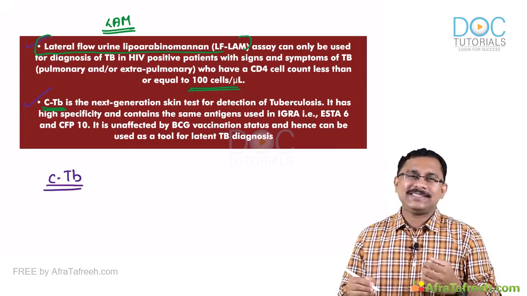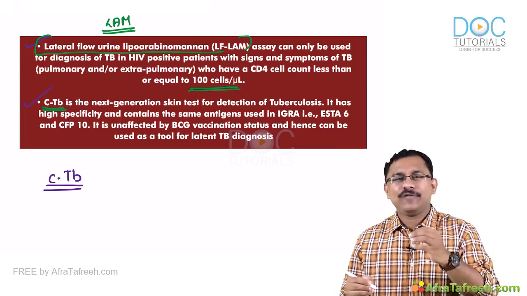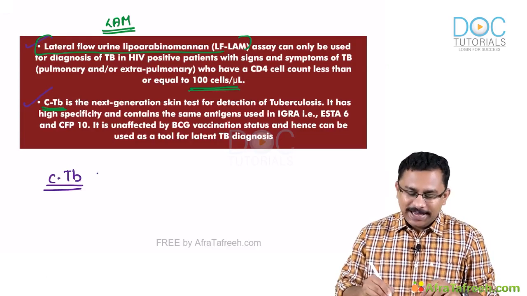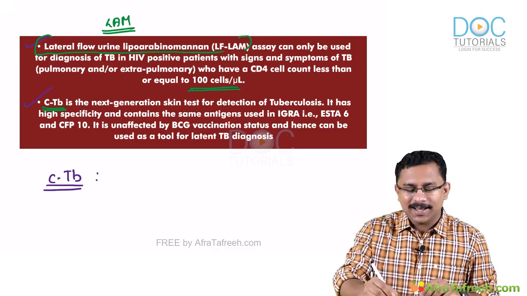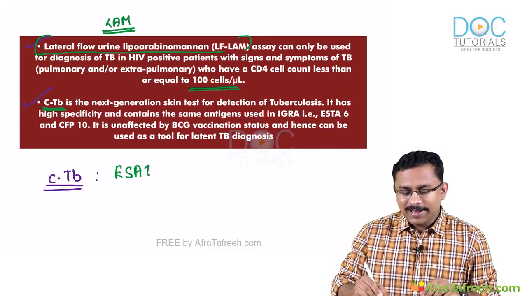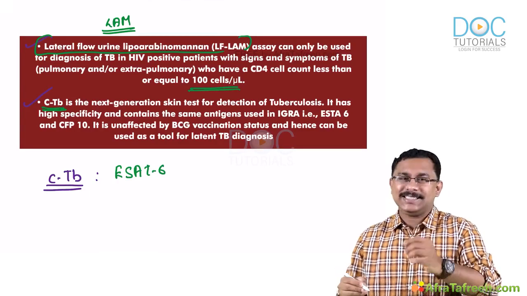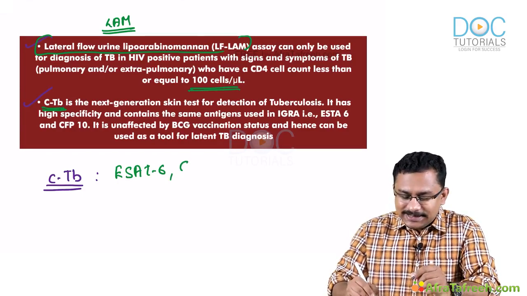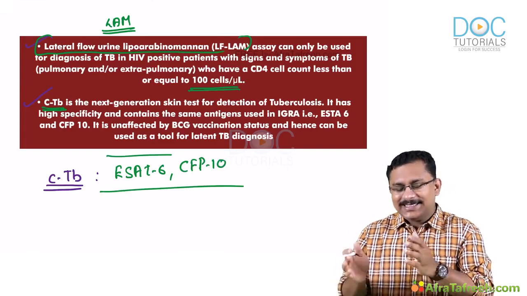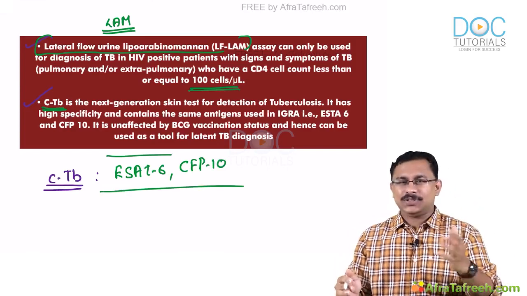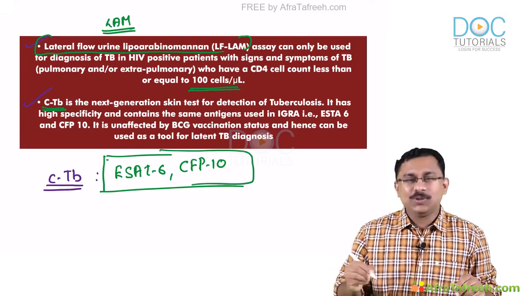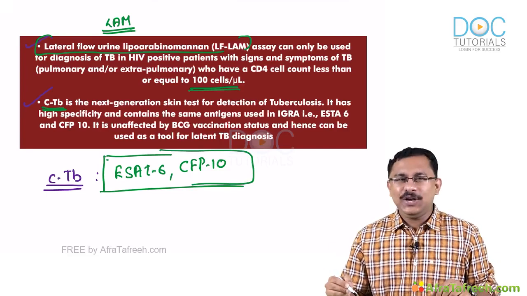The only difference is that instead of the purified protein derivative, that is your PPD-RT23, the antigens used in this intradermal skin test are the same antigens used in the interferon gamma release assays, that is ESAT-6 and CFP-10. So these two antigens are used, and again you are looking for the induration.